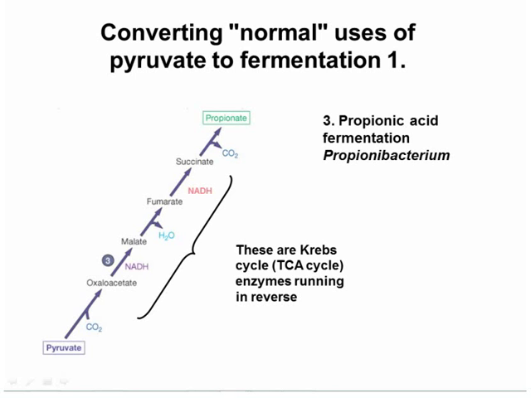Instead of producing them, or rather reducing NAD plus into NADH, it's going to work the other way around. NADH will be oxidized. That's what we want to happen in fermentation. It solves the problem of the buildup of too much NADH. And at the end, the carbon dioxide is kicked out again, so you end up with a 3 carbon product, propionic acid.